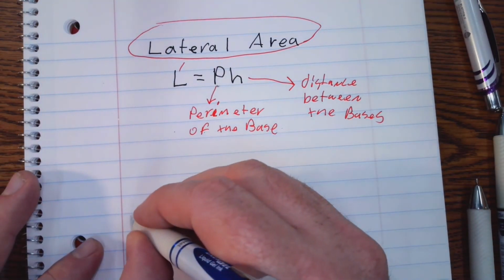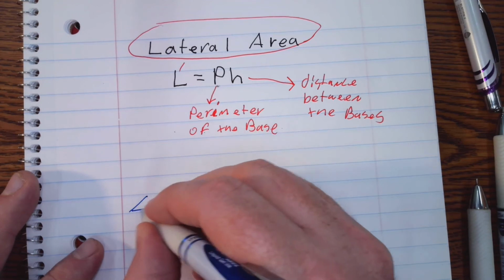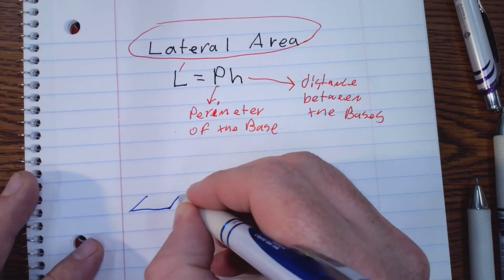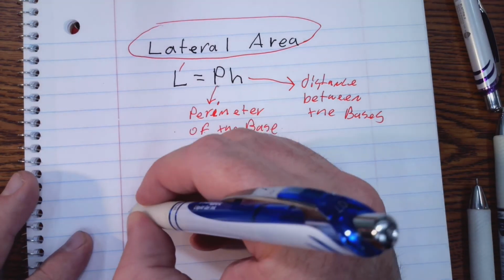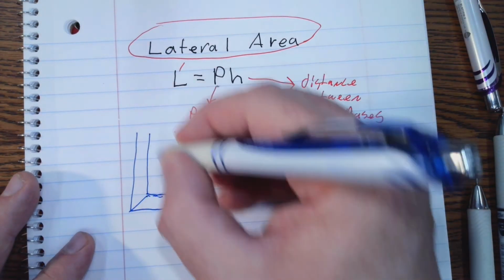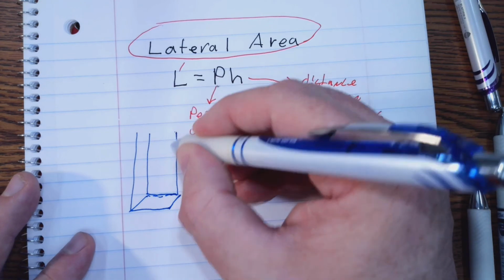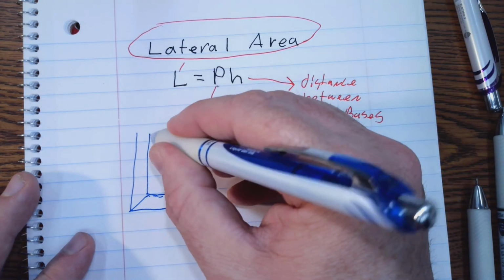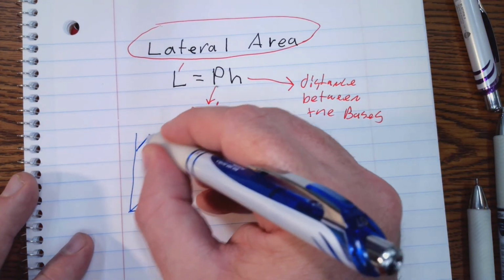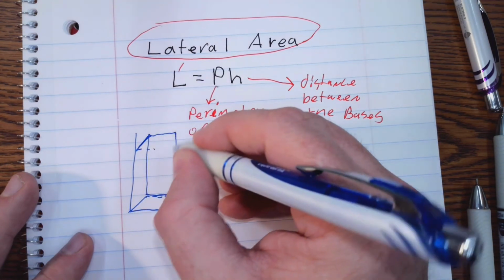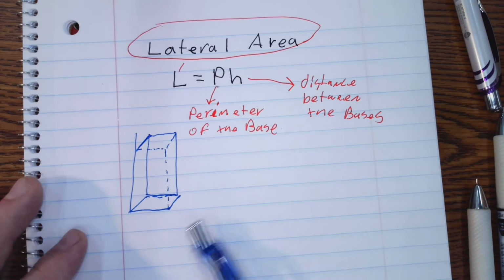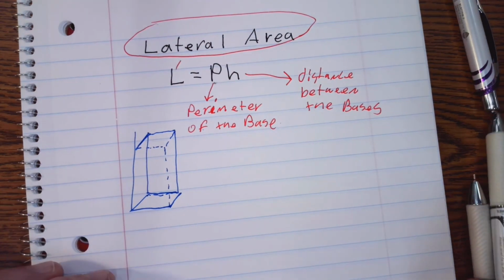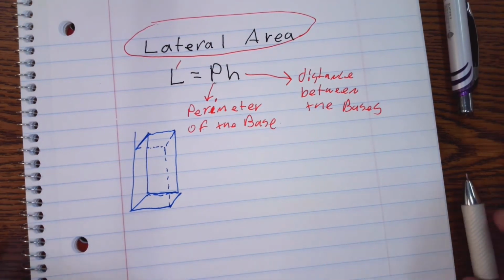So essentially, if we have the shape, we're looking for the perimeter of the base.